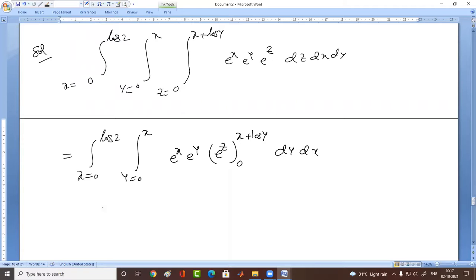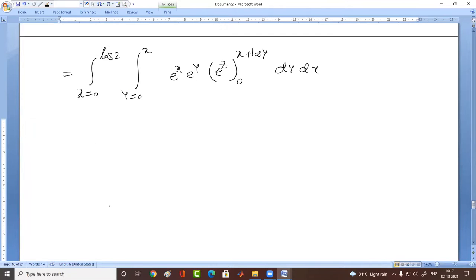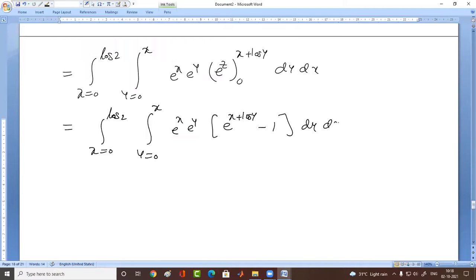Okay, fine. Integral x is 0 to log 2, y is 0 to x, e power x into e power y. Now substitute the limits: e power x plus log y minus e power 0, which is 1, dy dx.